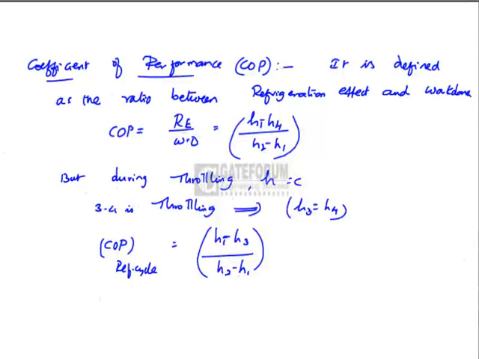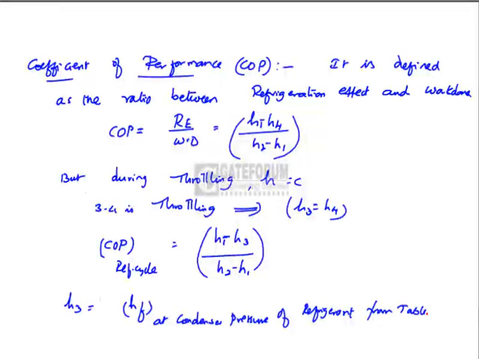This COP is usually greater than 1, but it is not compulsory that it should be greater than 1. Usually for domestic refrigerators, COP will be around 2.5 to 3. Here H3 is Hf at condenser pressure of refrigerant from tables of refrigerant, because state 3 is a saturated liquid state.